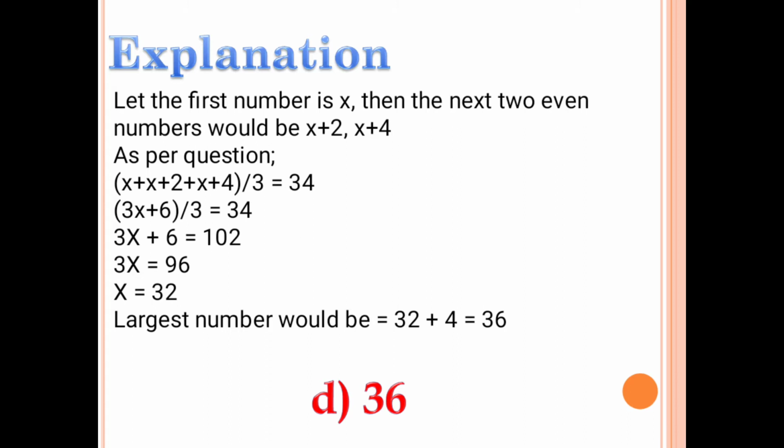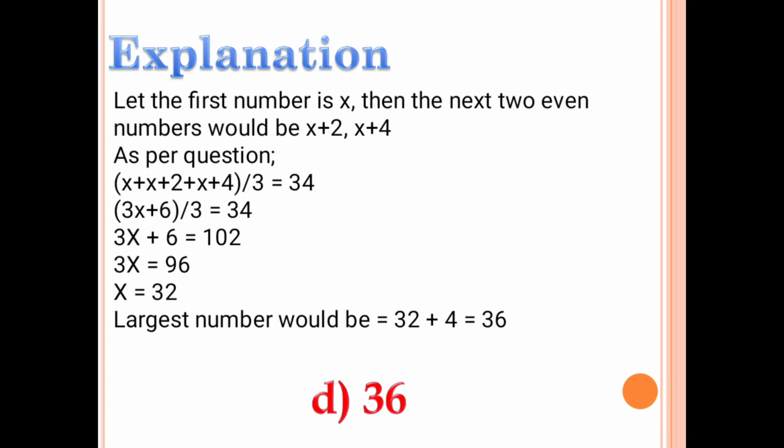Now we can apply the average formula, that is the sum of all these values divided by the total number of values. That is x plus x plus 2 plus x plus 4, whole divided by 3. What is the average value given? 34. Then adding all the x variables we get 3x, plus the sum of the numerical values 2 plus 4, which is 6, whole divided by 3 is equal to 34.